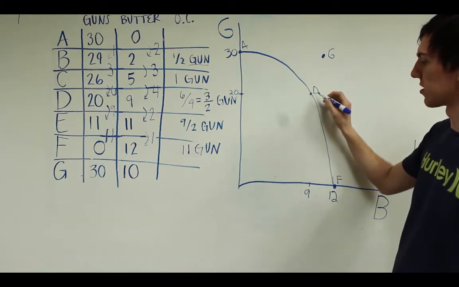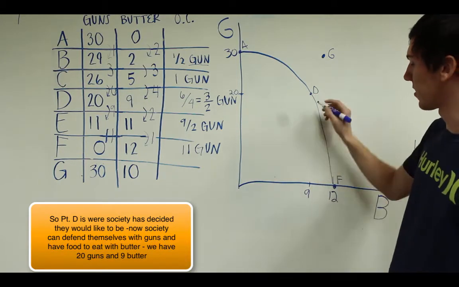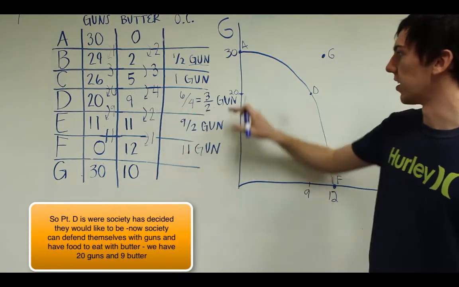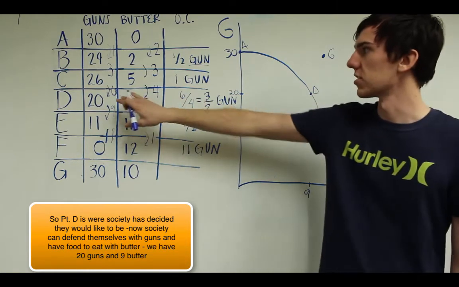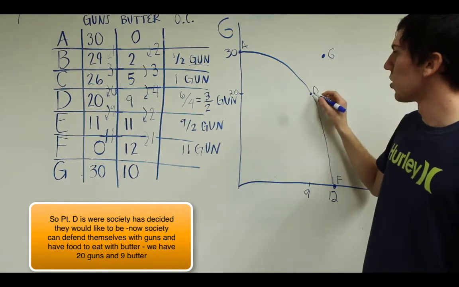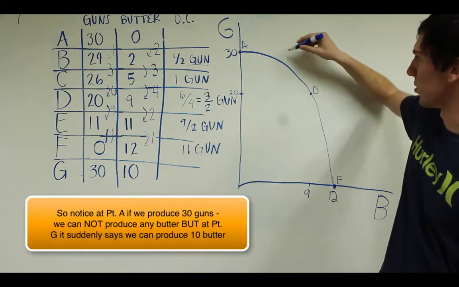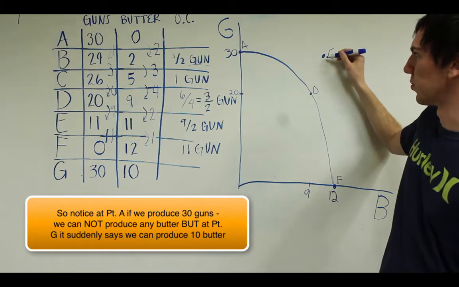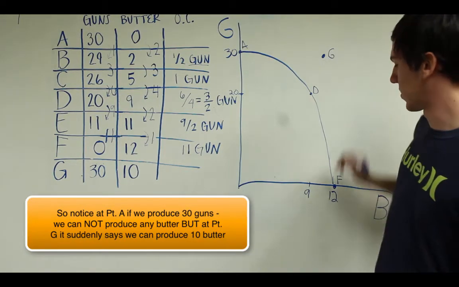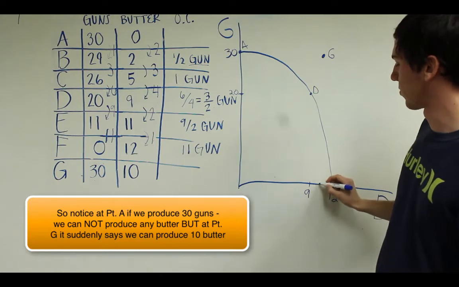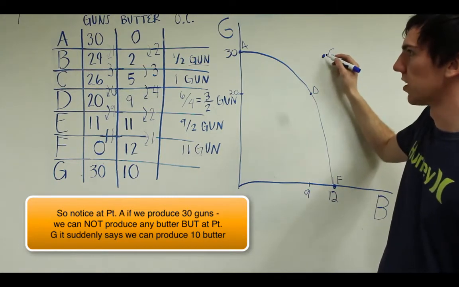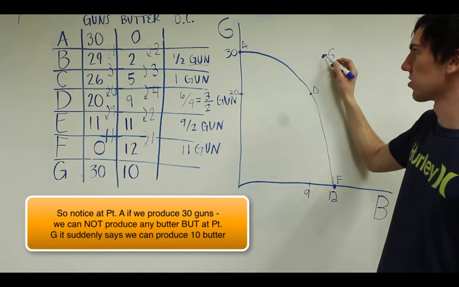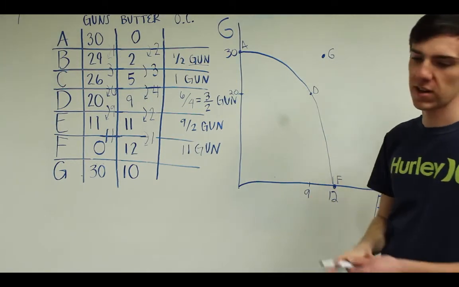This is point D, with an X value of 9 butter and a Y value of 20 guns. G is to the right of the production possibility curve, because we have 10 here. So we went up from an X value of 10 all the way up, and still 30 across. Just keep that in mind as we're going through.